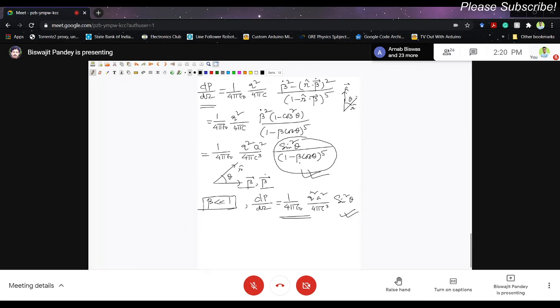How to do that? You just take the derivative with respect to theta of this whole function, sin squared theta divided by (1 minus beta cos theta) to the power 5, equal to 0. If you do this, you will get theta max, the direction along which the maximum power will be emitted. So let us take this simple derivative.